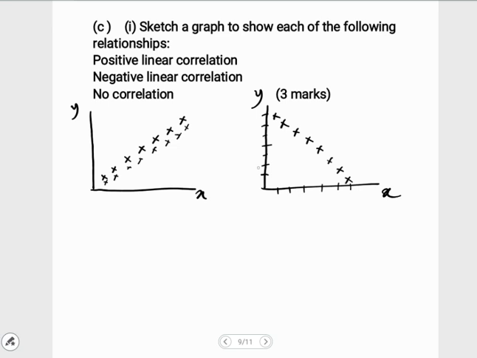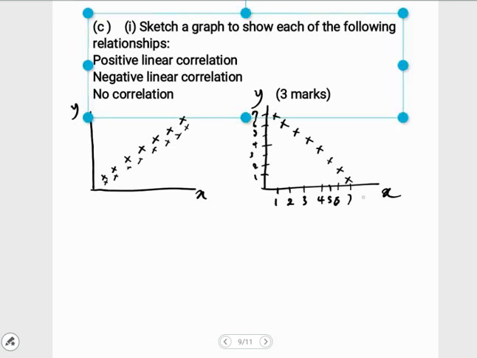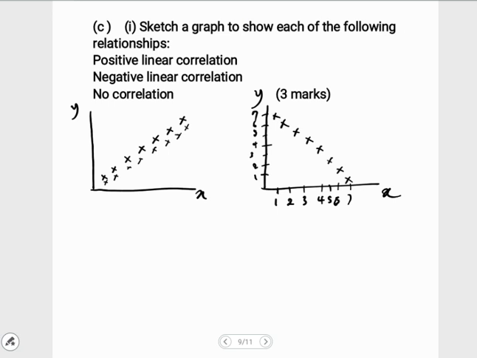If this is 1, 2, 3, 4, 5, 6, 7, and here 1, 2, 3, 4, 5, 6, 7, we can see that when x is equal to 1, our y is equal to 7.